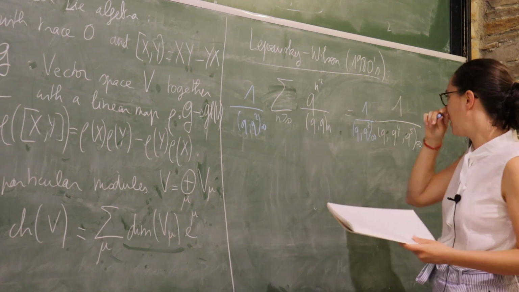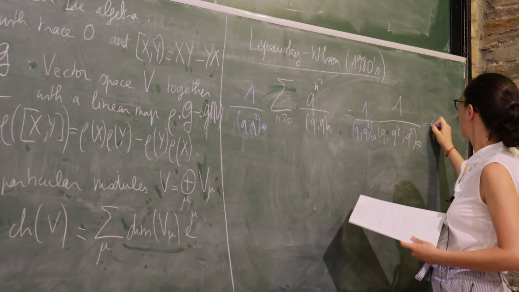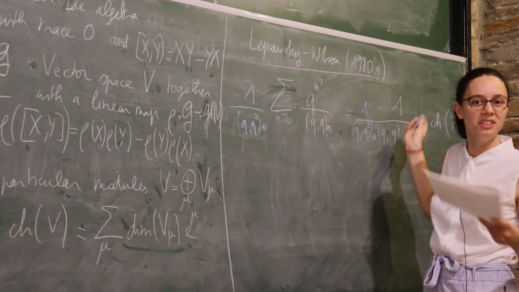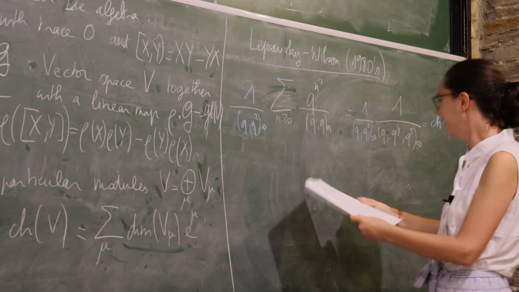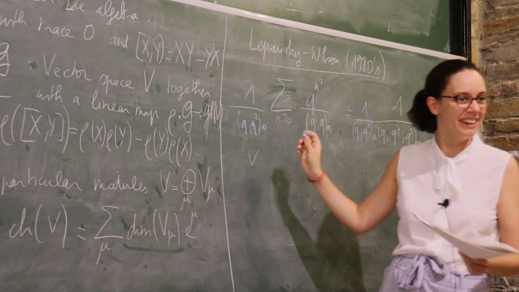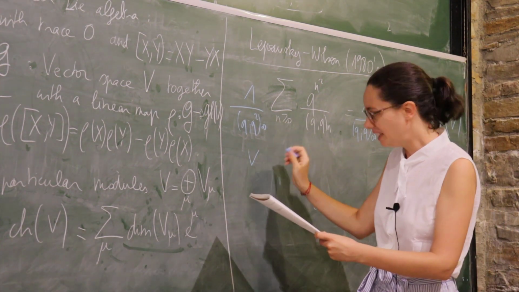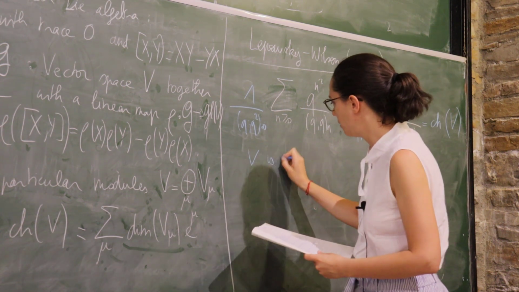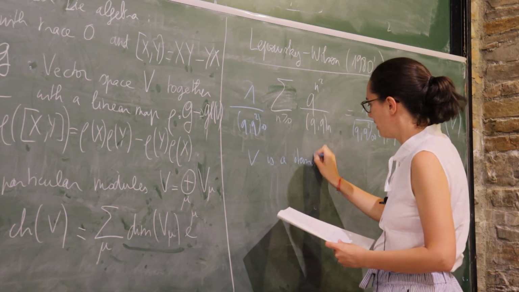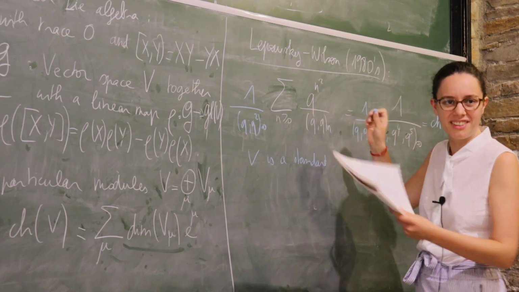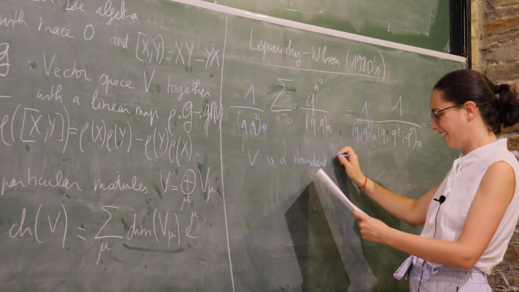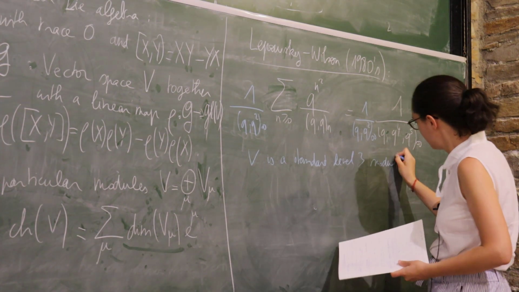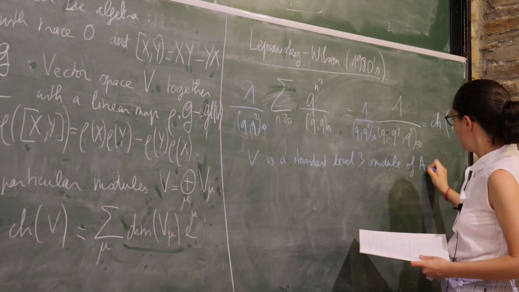And they showed that this equals the character of some module V of some Lie algebra. So maybe for those who know, and for those who don't, it's okay. So V is called the standard level 3 module of A_1^(1).